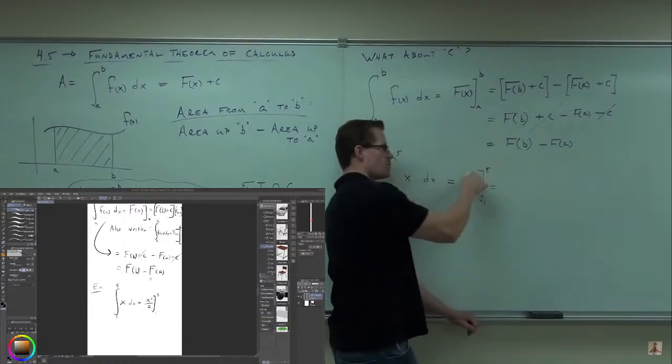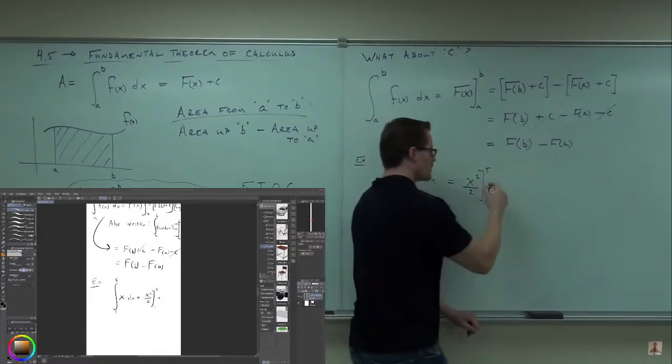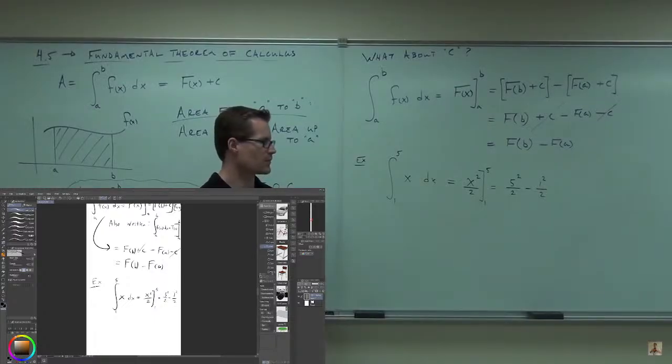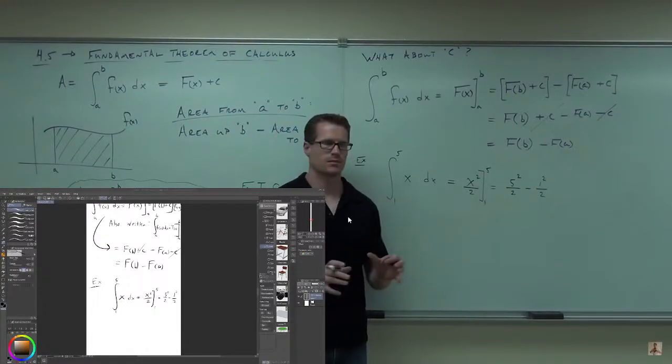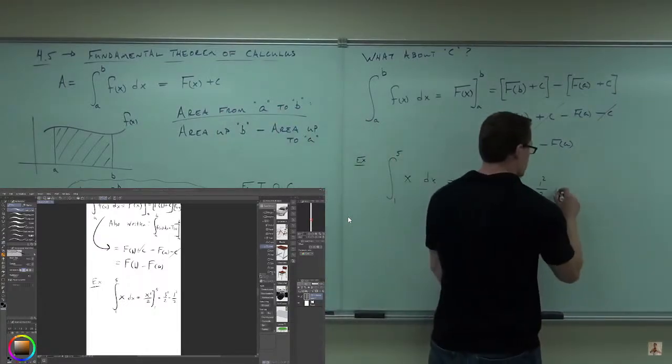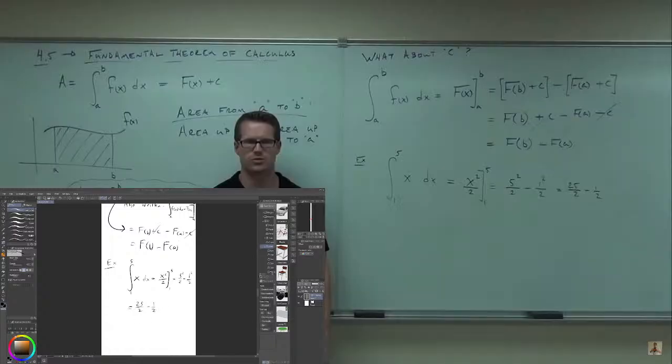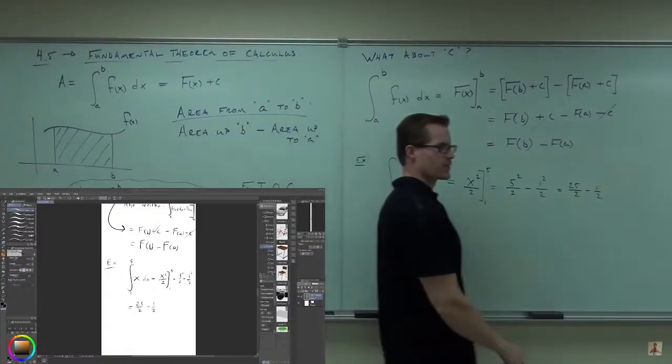You plug in the top one first, subtract, then plug in the bottom. This would be 5 squared over 2 minus 1 squared over 2 is how you show that. Do you see where the 5 and the 1 are coming from? So we're going to get 25 halves minus 1 half. How much is that? 12. Yeah, 24 halves is 12. Is that quicker than a Riemann sum? All the stuff you've been doing, left endpoints? Yeah.